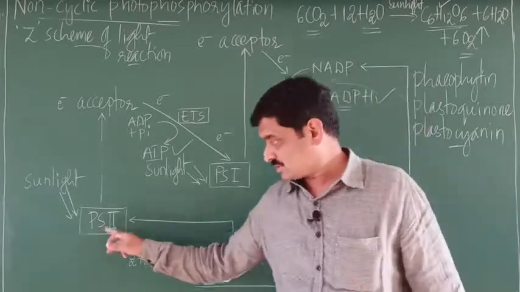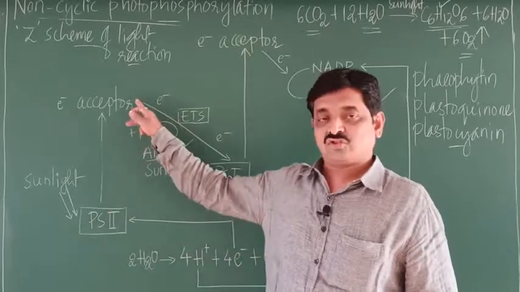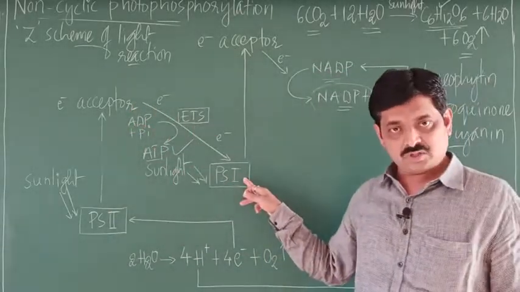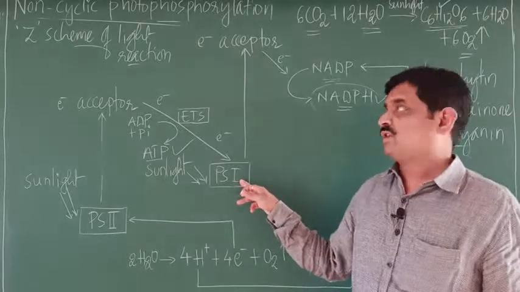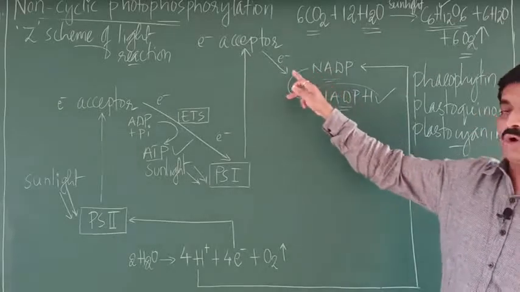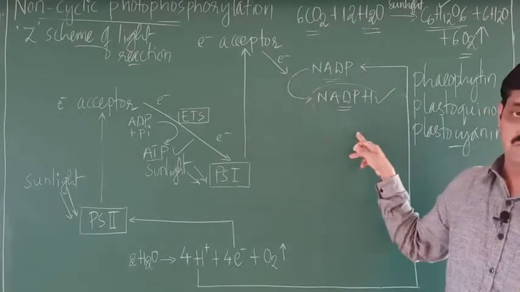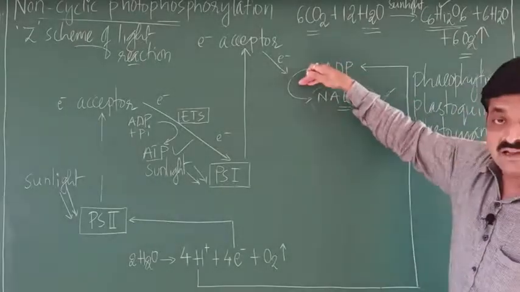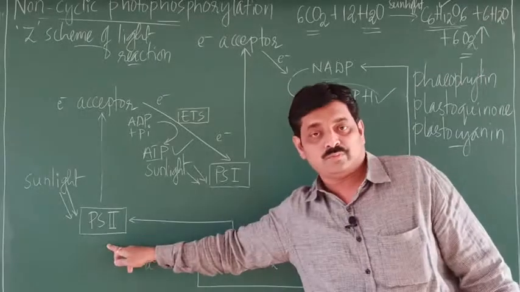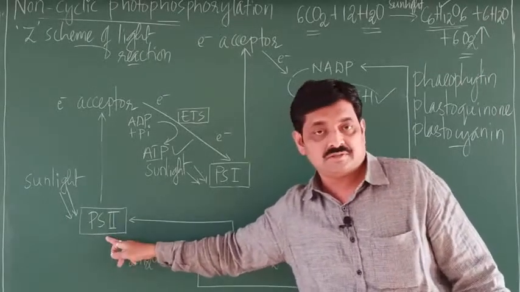Electrons from photosystem 2 through electron carriers are passed to photosystem 1. From photosystem 1, these electrons go through electron carriers up to the point where NADP is reduced to NADPH. From here, electrons don't come back to photosystem 2. Electrons don't come back to the starting point.